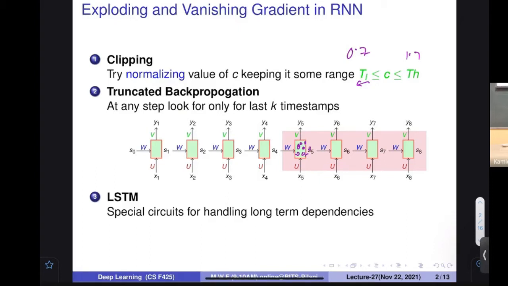For example, let's assume there is a string and we want to maintain the long-term dependency. What does it mean? A word comes, and we have to carry this word to some point so that we can maintain the context.